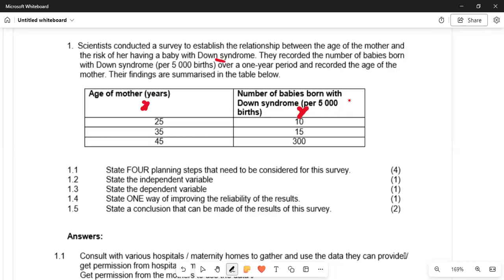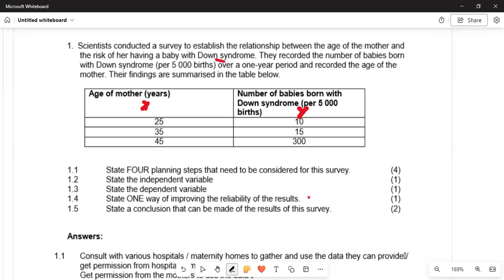We can see that the number is least, but as you grow older, up to 35, it increases, and at 45 and over, it gets even worse. We also have what is called menopause. So this is the risk effect of having babies with such a disorder.